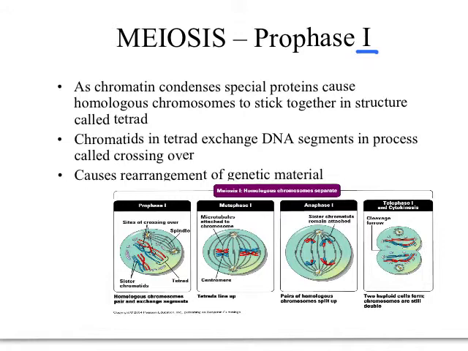So in this stage of the cell cycle, chromatin are going to start to condense, and special proteins are going to cause the homologous chromosomes to stick together in what are called tetrads. And tetra is the prefix for 4.